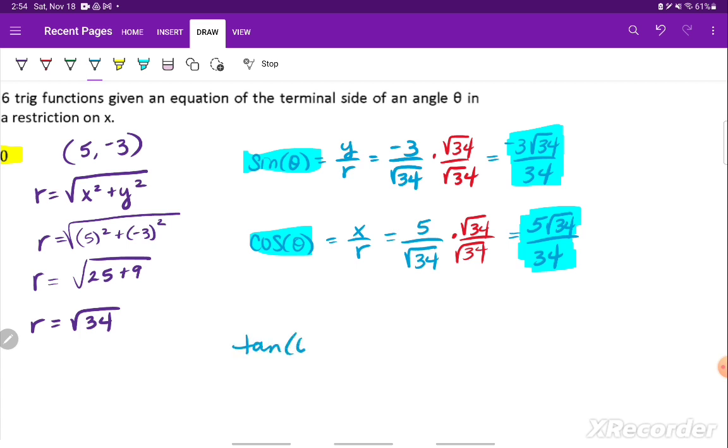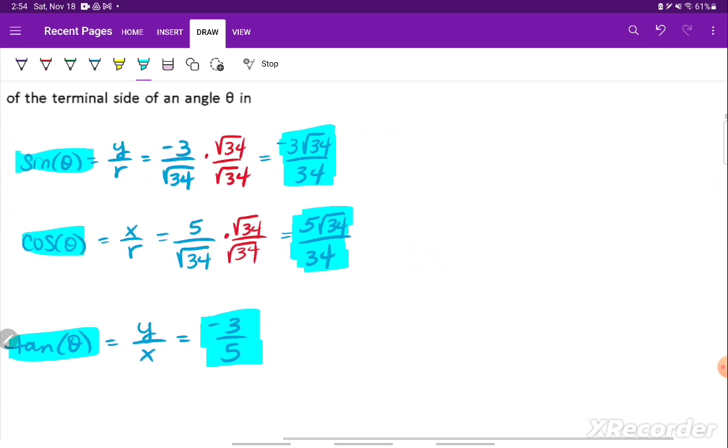And then tangent of theta, defined y over x, negative 3/5. Once we get our first 3, we can just do the reciprocals to get the other 3. The reciprocal of sine is cosecant.